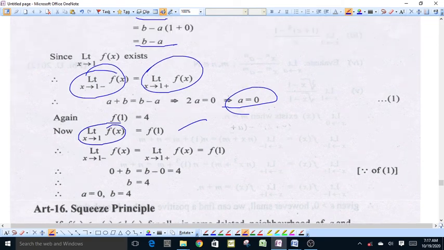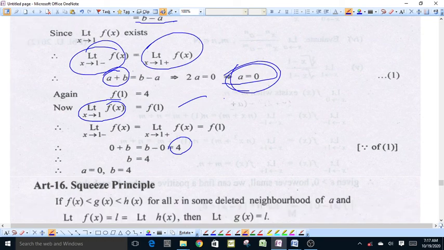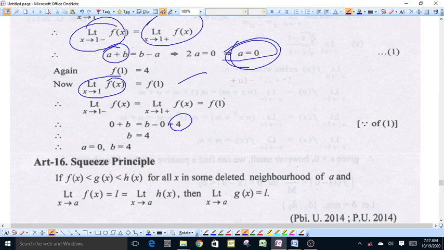As x approaches 1, the limit of the function f(x) is equal to a plus b. This is equal to the value of the function. The value of the function is equal to 4, but a is equal to 0. By putting a is equal to 0, 0 plus b is equal to b minus 0 is equal to 4. From this equation, b comes out to be 4.